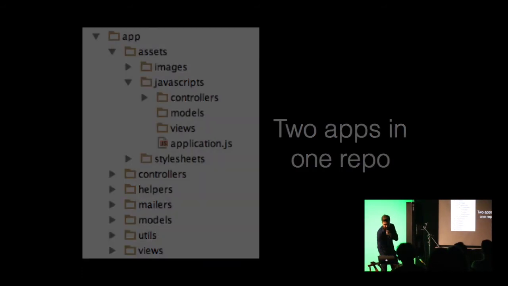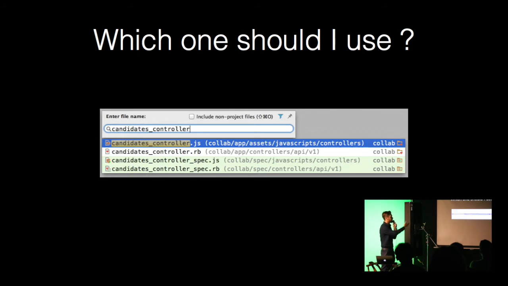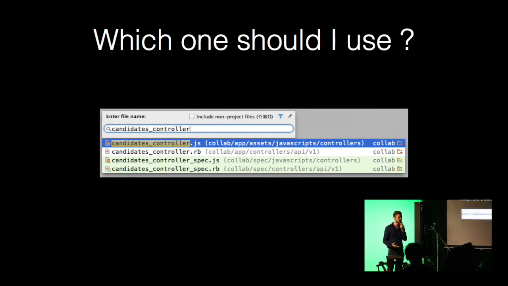What's happening here? Which one should I use? I just go ahead and type in kindness controller, and I got 4 files. One of them is Ruby, one of them is JS, one runs on the server side, one in the browser. What spec is where? It's really hard to wrap your mind around this concept, but also it is really hard to ramp up new developers on it.